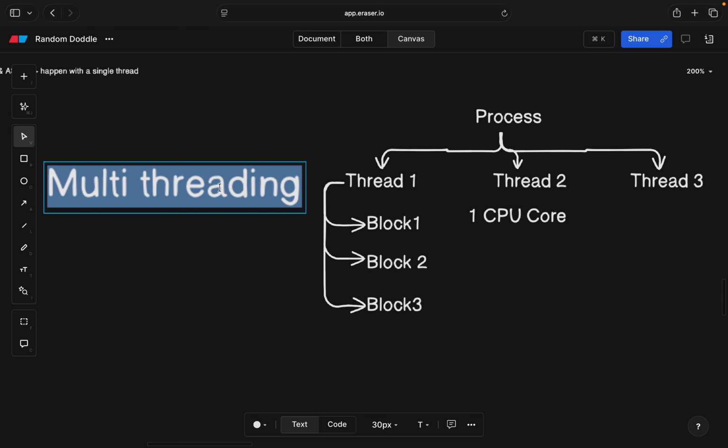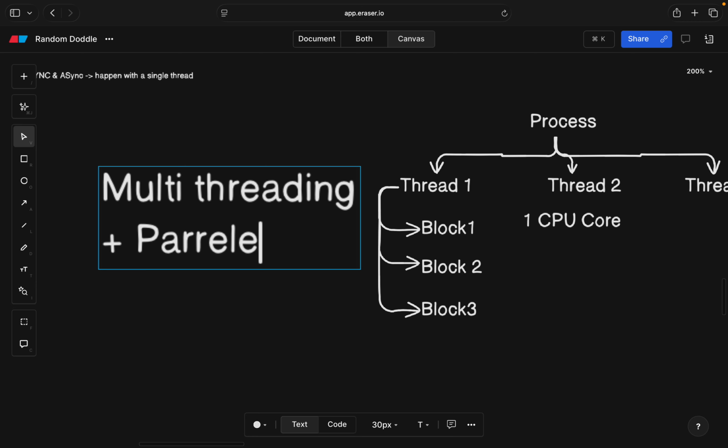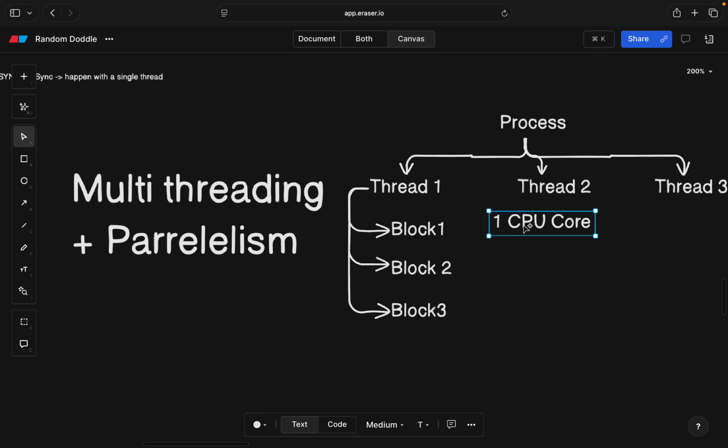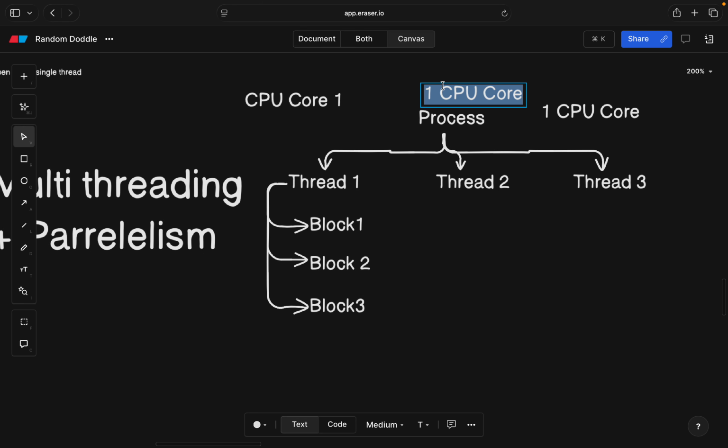Now we'll talk about multi-threading plus parallelism. I don't know the spelling of parallelism, but sorry. In parallelism, we have multiple cores. CPU core one, we can have a CPU core two, and a CPU core three.